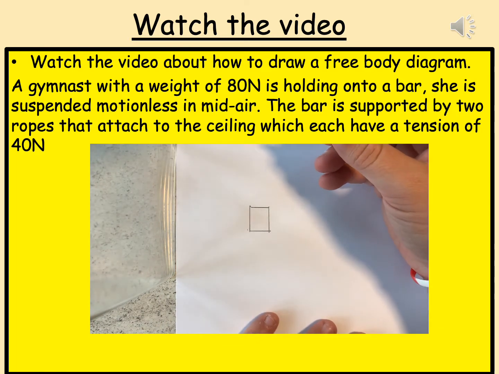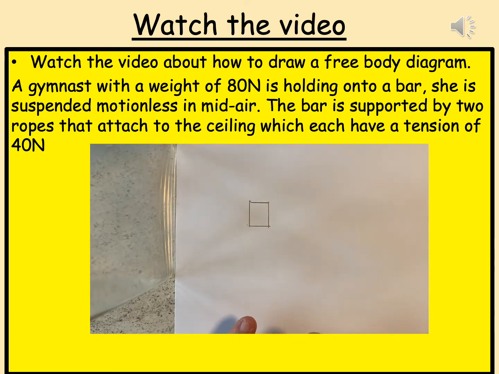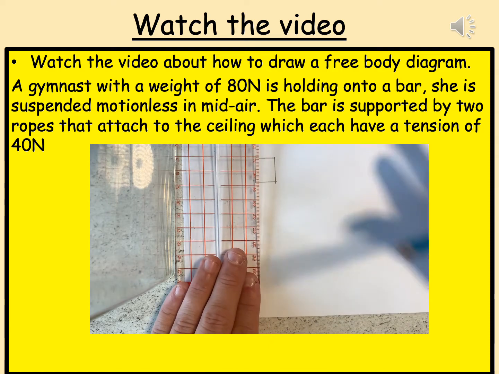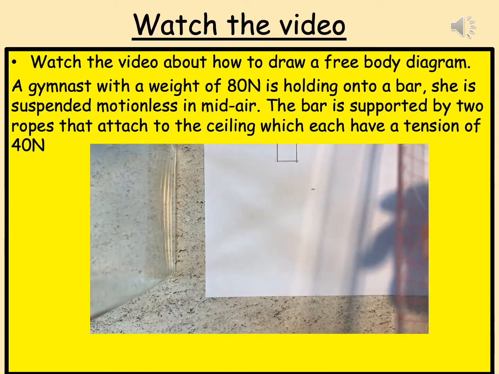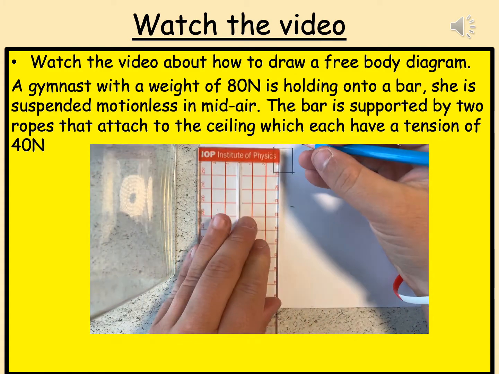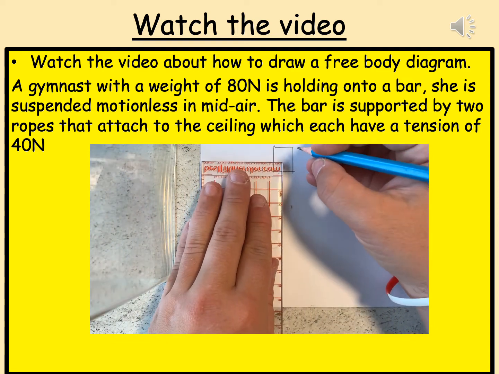Now the question tells us that there is a weight of 80 newtons. Now for this, I'm going to need to draw a downwards arrow, because weight will always be acting downwards, as it is the force due to gravity. And for this question, I'm going to make it approximately 4 centimeters long, like so.